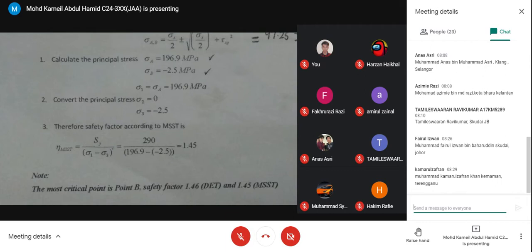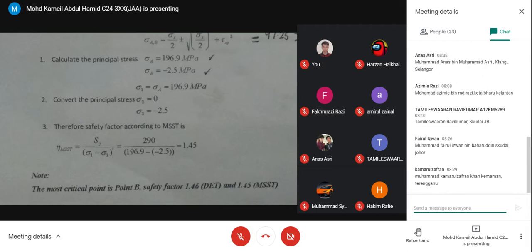For choosing the critical point, we have to select the one with the lower value.